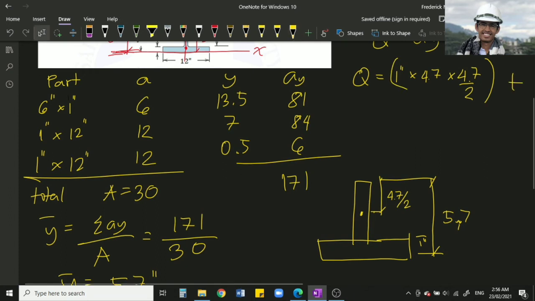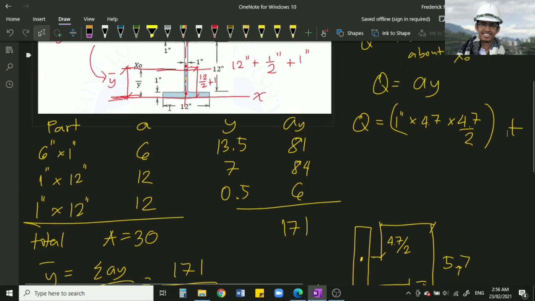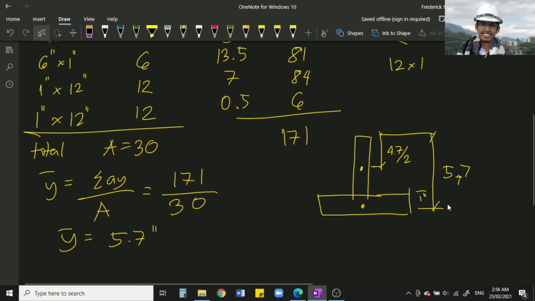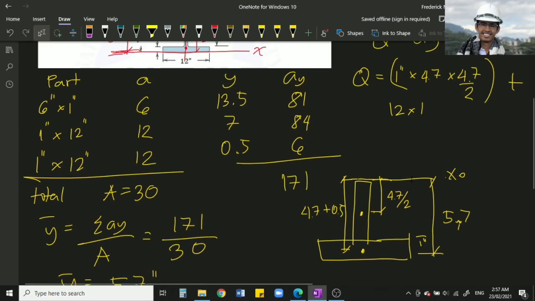Plus, the other one will be 12 times 1. So, that will be 12 times 1 times, its centroid is also in the middle. So, here is its centroid. So, with respect to our XO, this is our XO. So, what is the distance of this? So, that will be 4.7 plus 0.5, so that will be 5.2.